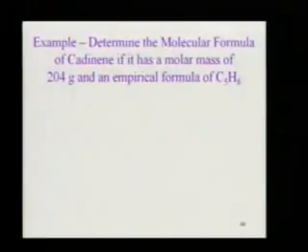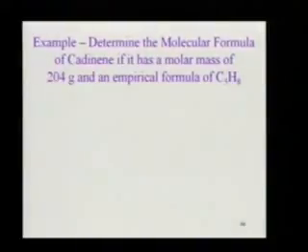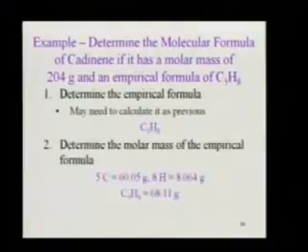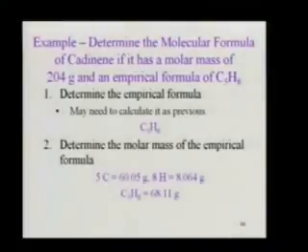Determine the molecular formula of cadmium if it has a molar mass of 204 and an empirical formula of C5H8. Now realize, I'm telling you that, I may not. You may have to figure that out yourself. In this case, it's given. So, what you're going to need to know is the molar mass of the empirical formula.